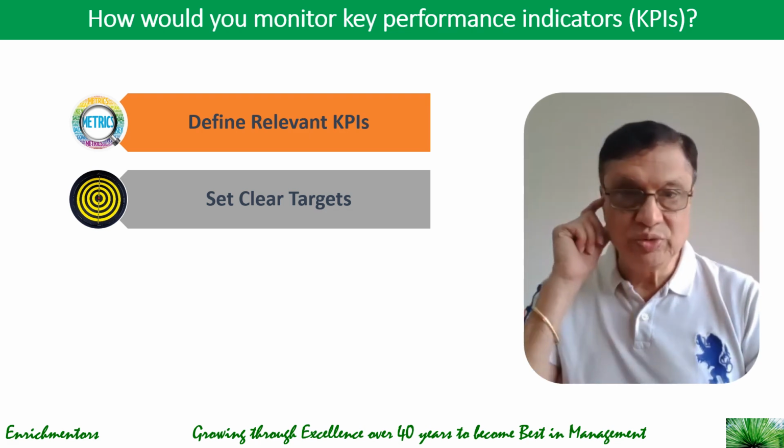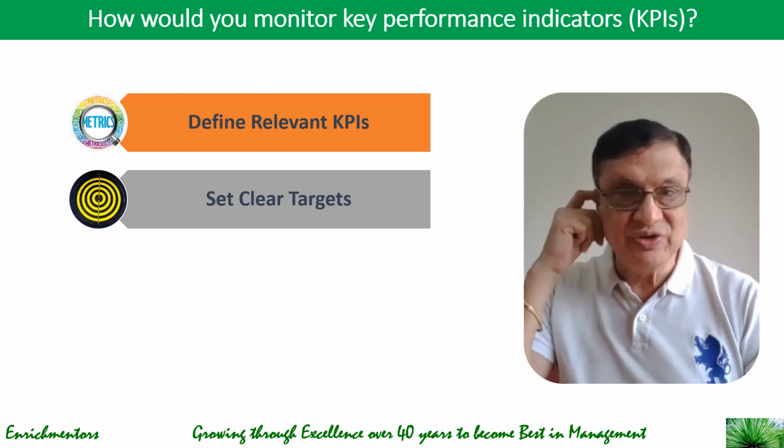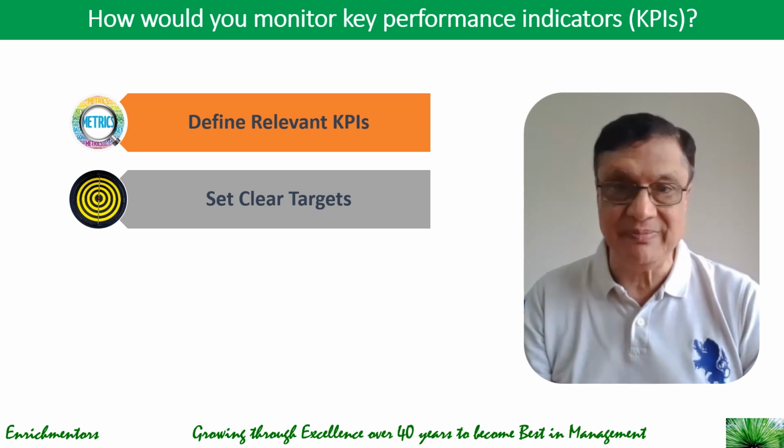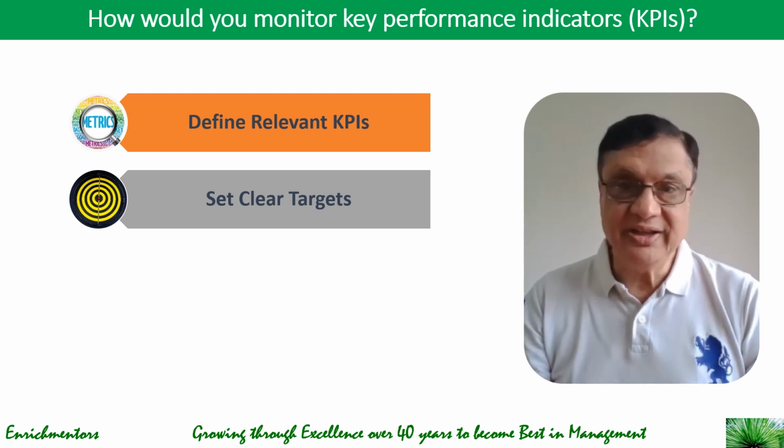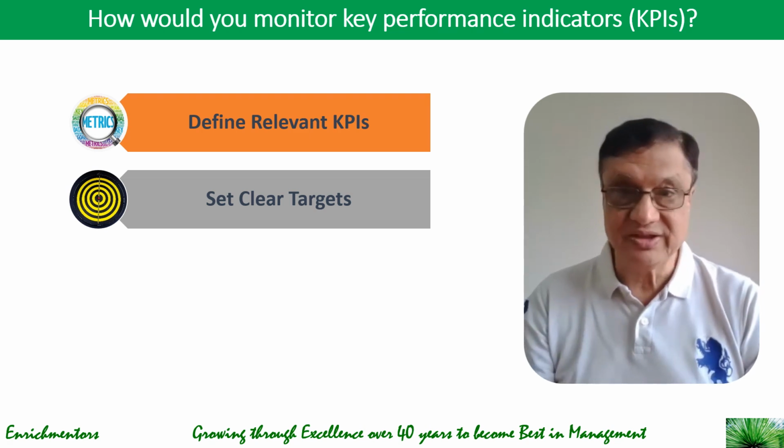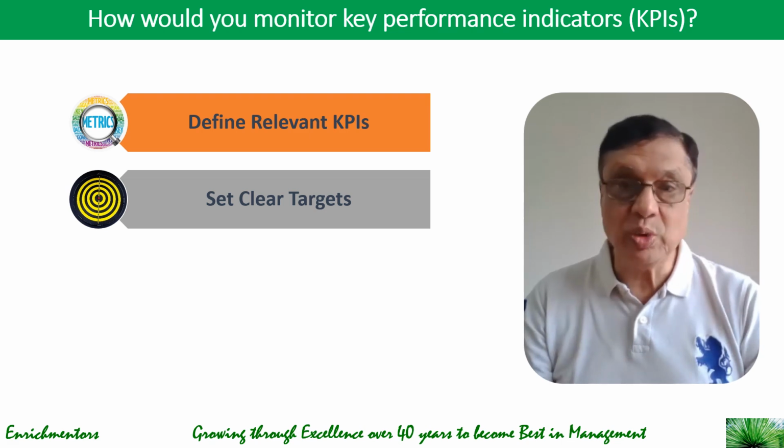For example, if you use monthly active users, MAU, as a KPI, then the target could be a 10% increase in monthly active users over the next quarter. So it is a very clear and measurable target of increasing the monthly active users over the next quarter by 10%, right?